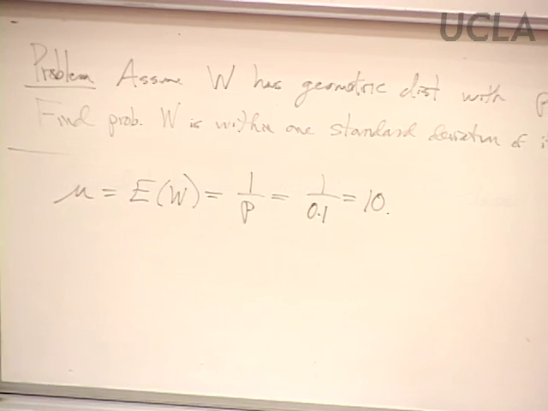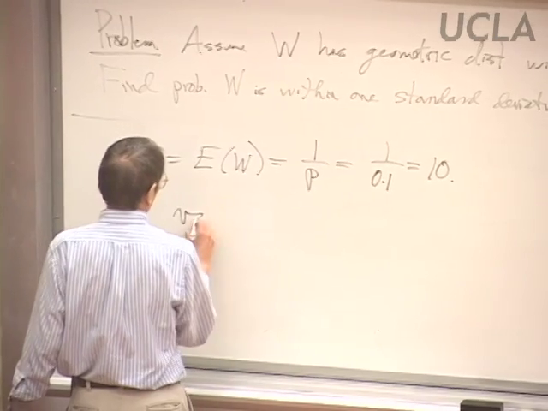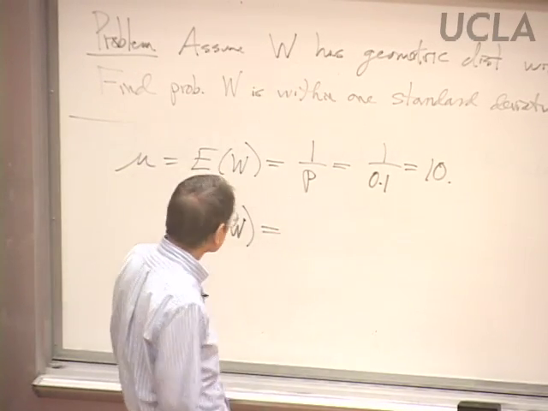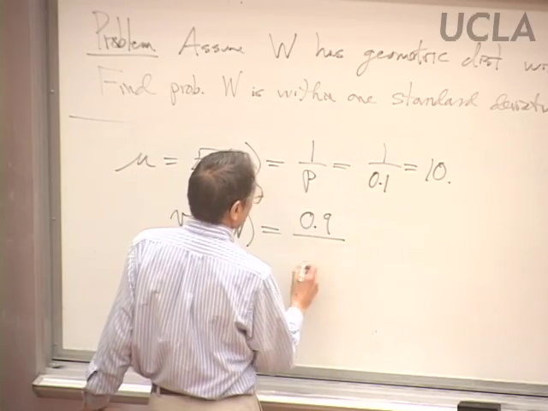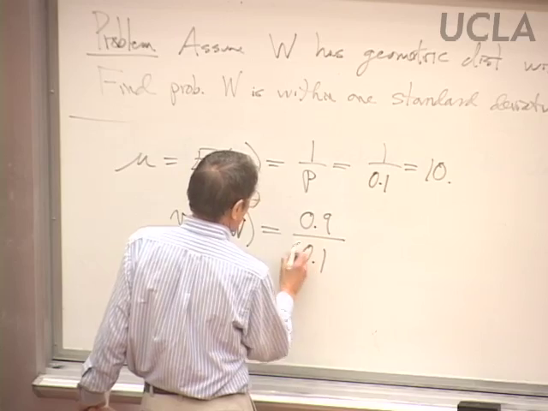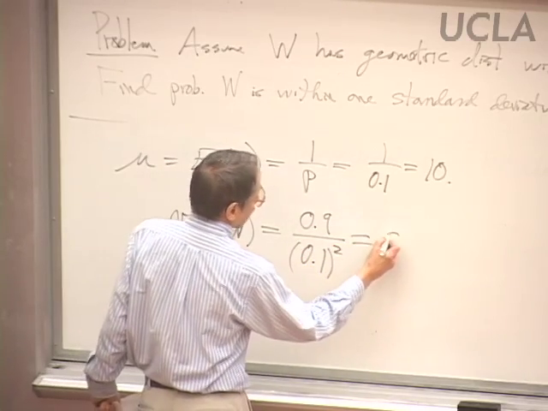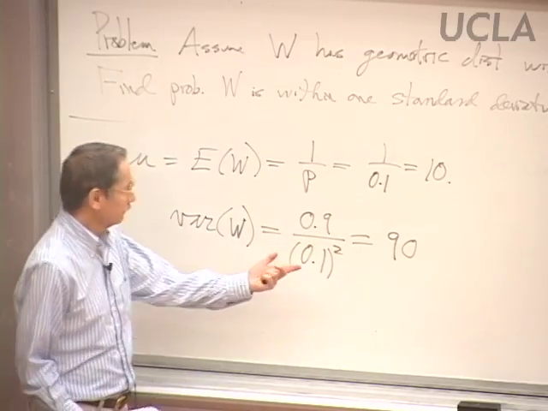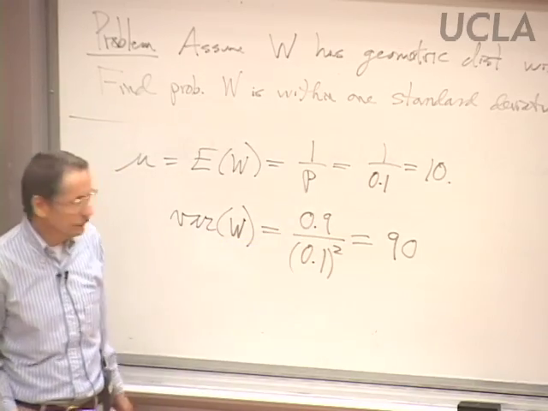And the standard deviation, well, the variance is 1 minus p, 0.9, over 0.1 squared. Okay, so that's 0.9 divided by 1 over 100, so 0.9 times 100.